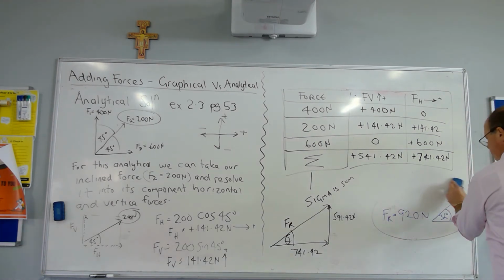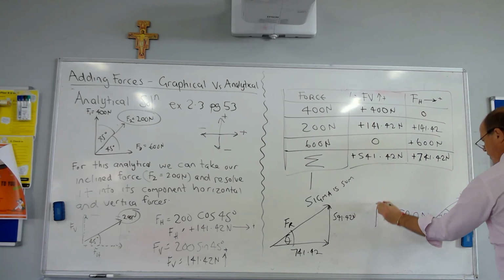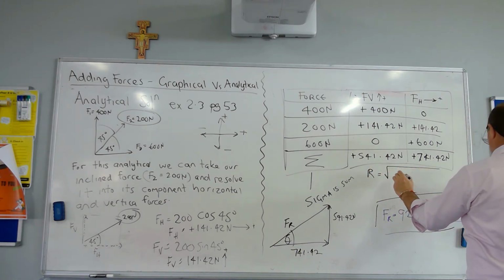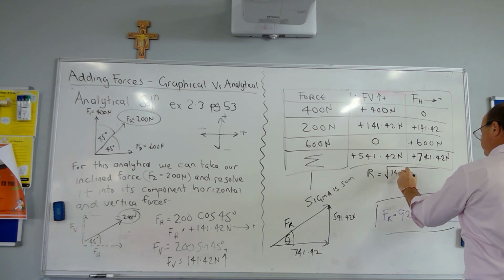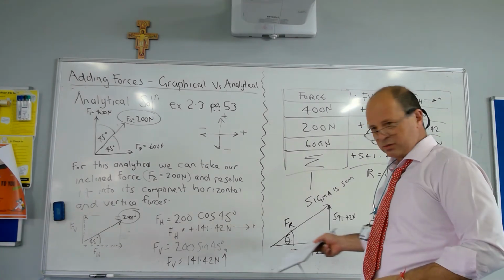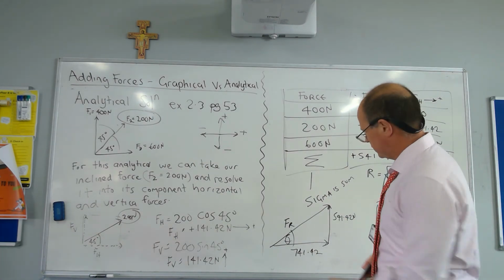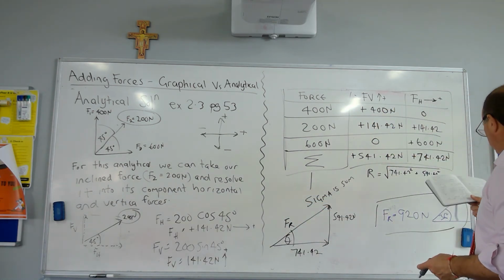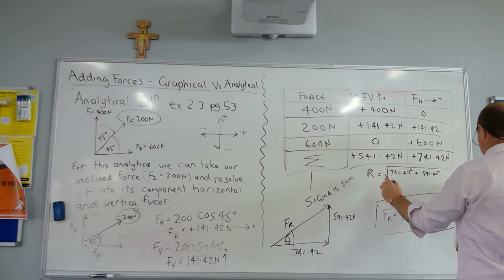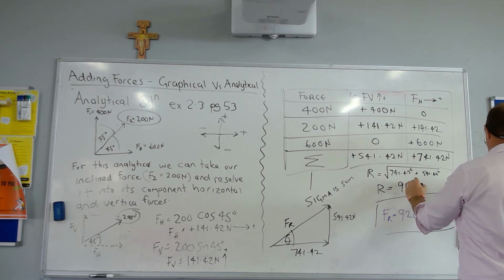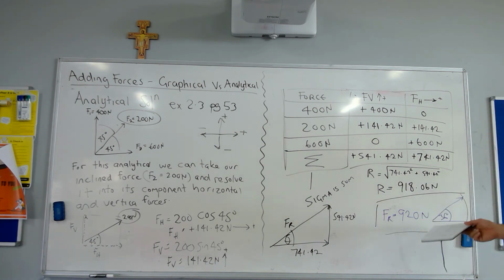Resultant is equal to the square root of 741.42 squared plus 541.42 squared. The sum of the squares of the two sides is equal to the square of the hypotenuse. When you do the maths, the resultant is equal to 918.06 newtons, fairly close to 920.